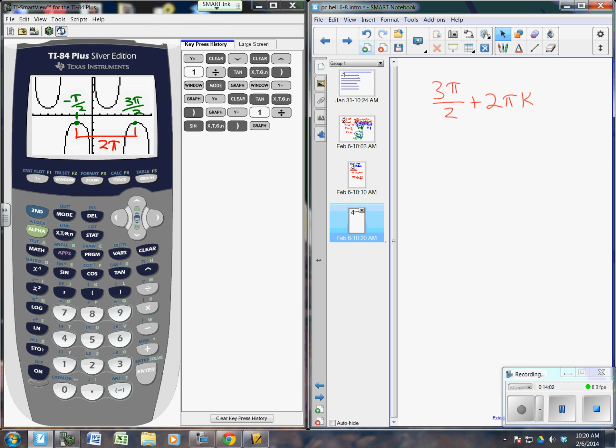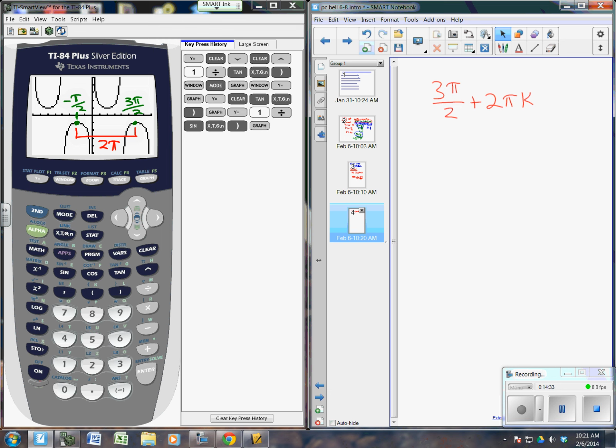But if k is 1, you're going to get 3pi/2 plus 2 pi, so it's going to go clear out to 7pi/2. And if k is 2, it's going to go to 11pi/2. Whereas if k is -1, it's going to go to -pi/2, back this way 2 pi. It's just going to add or subtract 2 pi, however many times you make k. Got it? So that's why they put the answer like that.